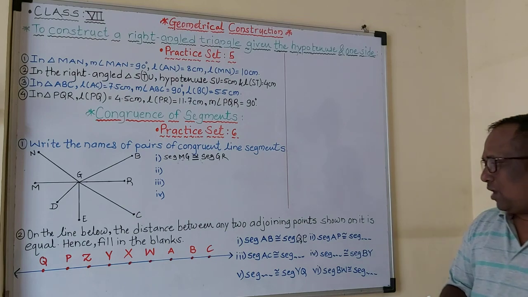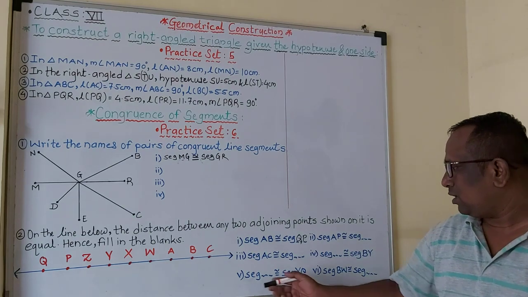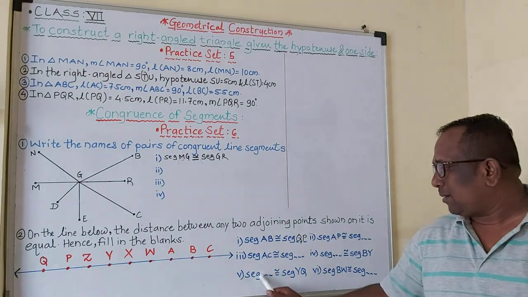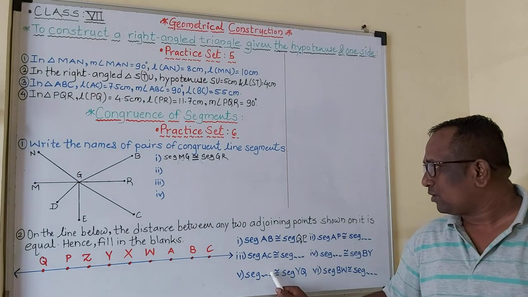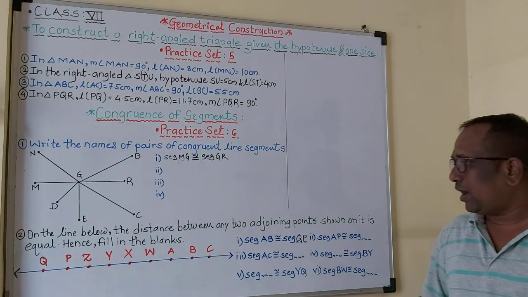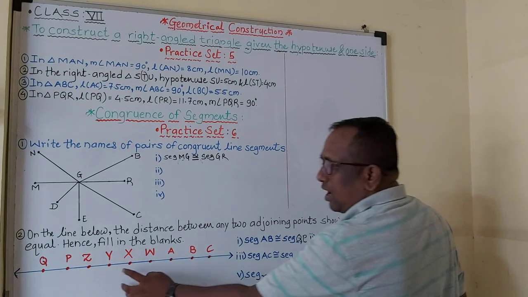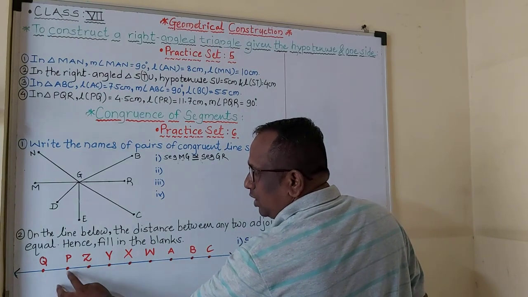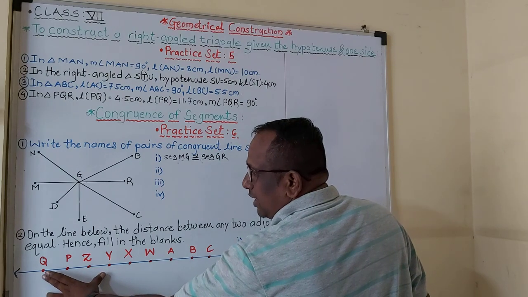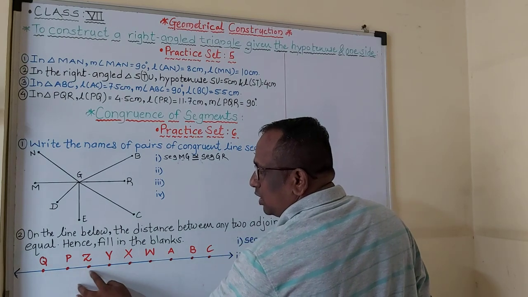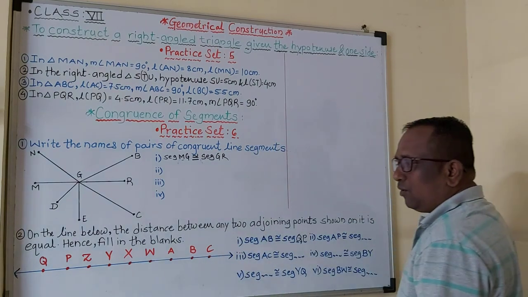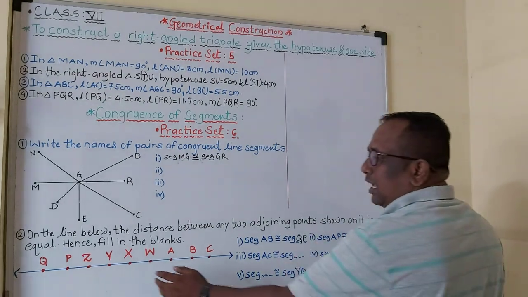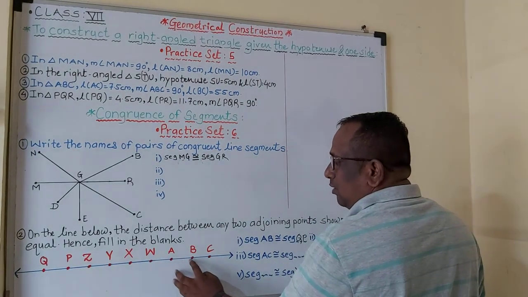Okay, now this one, the fifth one we will solve. Segment dash, here we have to fill the blank, and segment YQ. Now YQ, Y and Q. So from Y to Q, how many points are there? 1, 2, 3, 4. In between Y and Q, total points 1, 2, 3, 4. So any 4 points you have to select, like this X 1, 2, 3, 4.